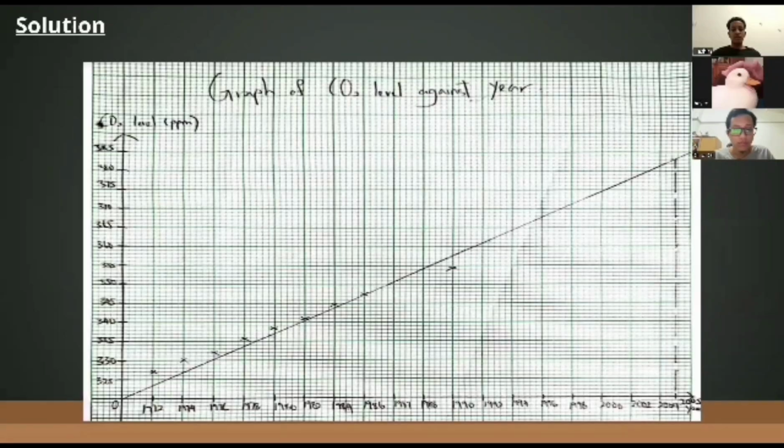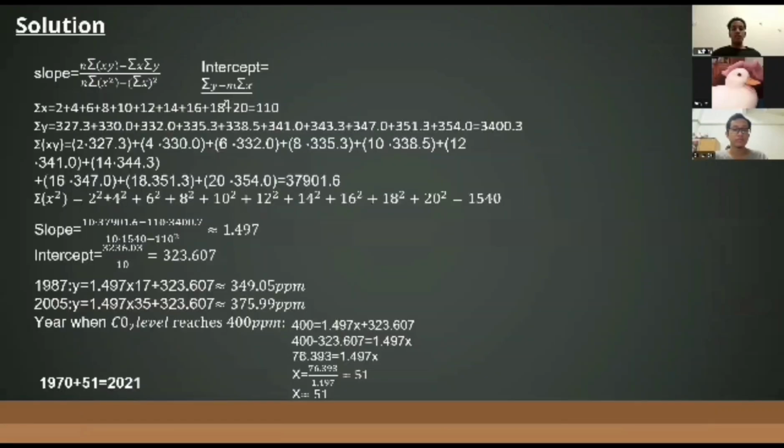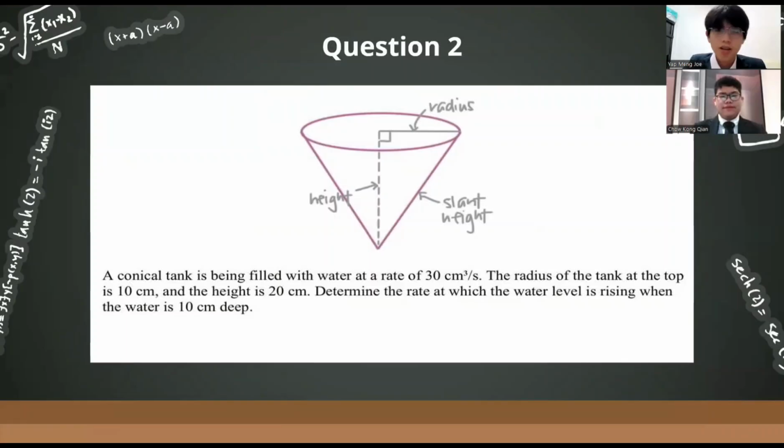In 1982, it's 341.0. In 1984, it's 344.3. In 1986, it's 347.0. In 1988, it's 351.3. And in 1990, it's 354 parts per million. And the two levels we found earlier are also shown. So let's move to question 2.